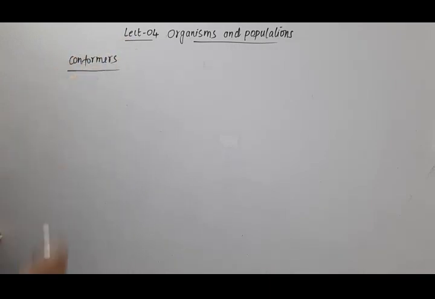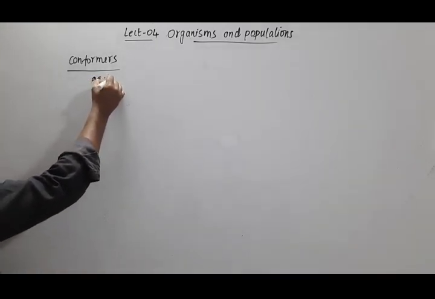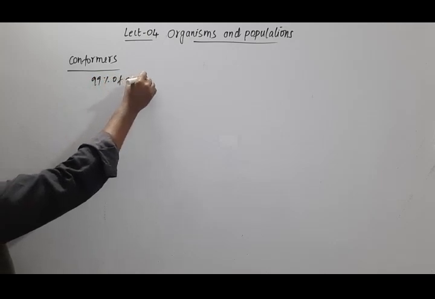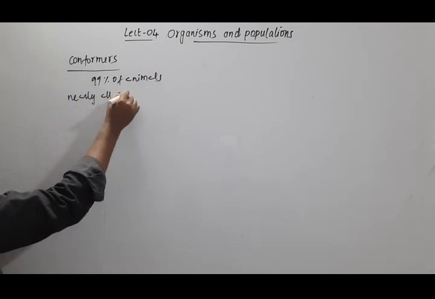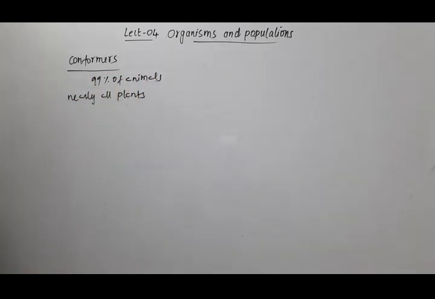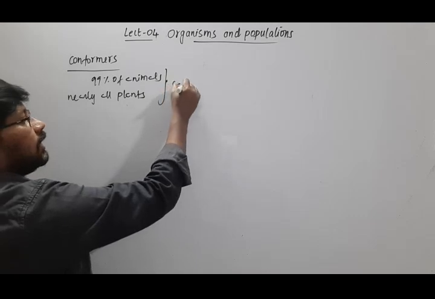Okay, so now when we see here, the majority of organisms, I say 99% of animals and nearly all plants, are not able to maintain a constant internal environment.